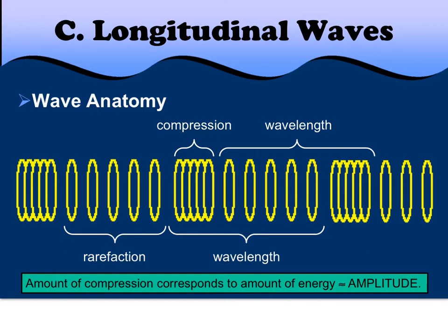The wavelength is the length of both the compression and the rarefaction of the wave. I know those are weird terms, but just think of a slinky. At the point where the slinky compresses, that's like the release or launch of the energy, and so that corresponds to the amplitude or force of the wave.